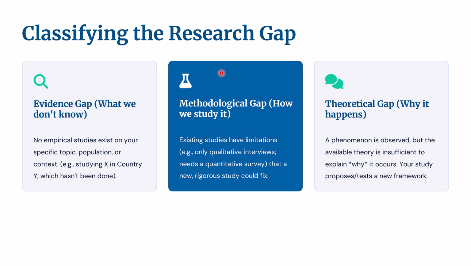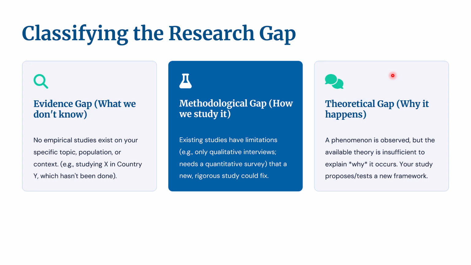Maybe your own protocol or your own method will be different from the one in the literature. That is a methodological gap. And a methodological gap means that you will conduct experimental research. The third type here is theoretical gap.